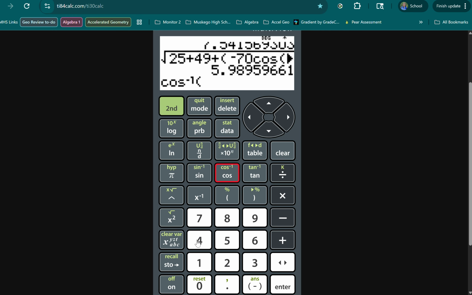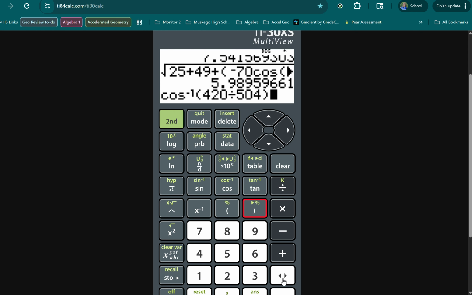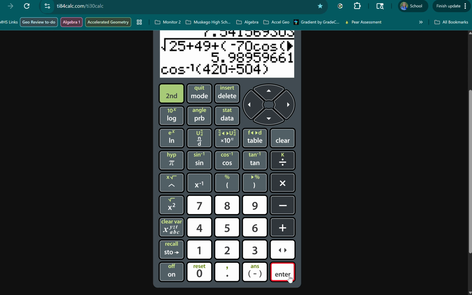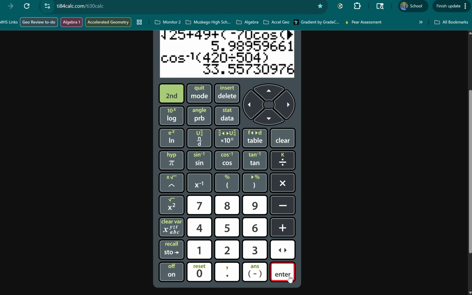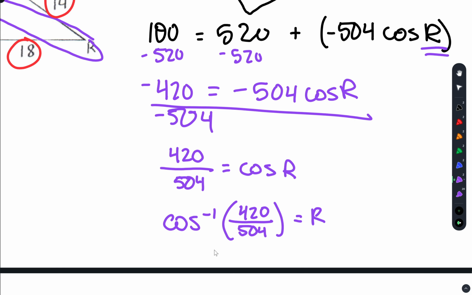Inverse cosine, 420 over 504, and enter. So 33.6 is what I'm getting. And that's in degrees.